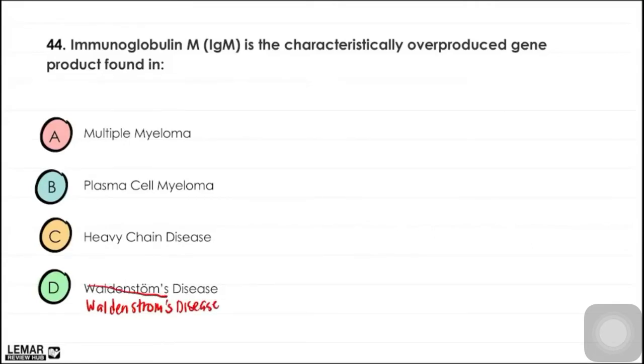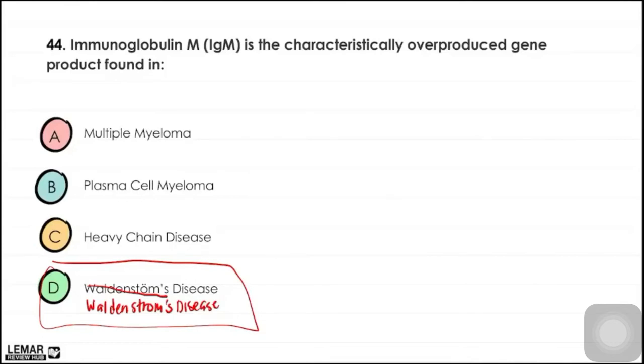Okay? So, for number 44, the answer is actually letter D, Waldenstrom's disease. Waldenstrom's disease, also known as Waldenstrom's primary macroglobulinemia, is considered to be a lymphoplasmacytic lymphoma as defined by the WHO classification system.